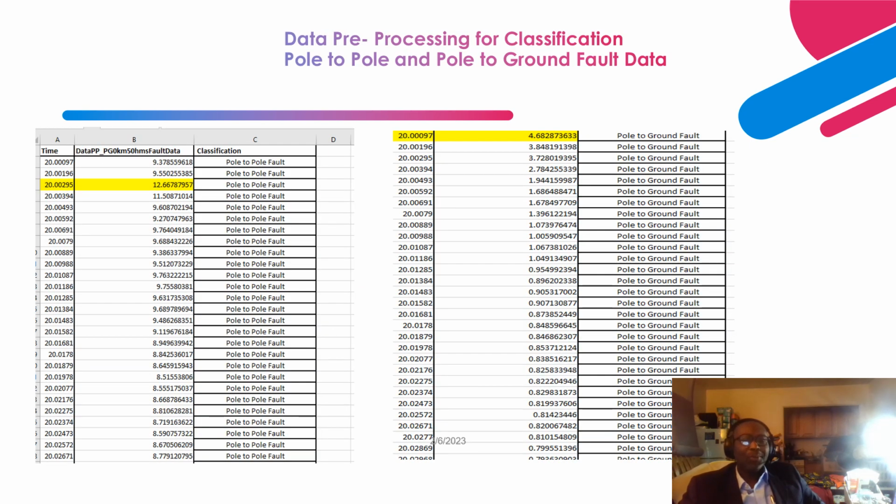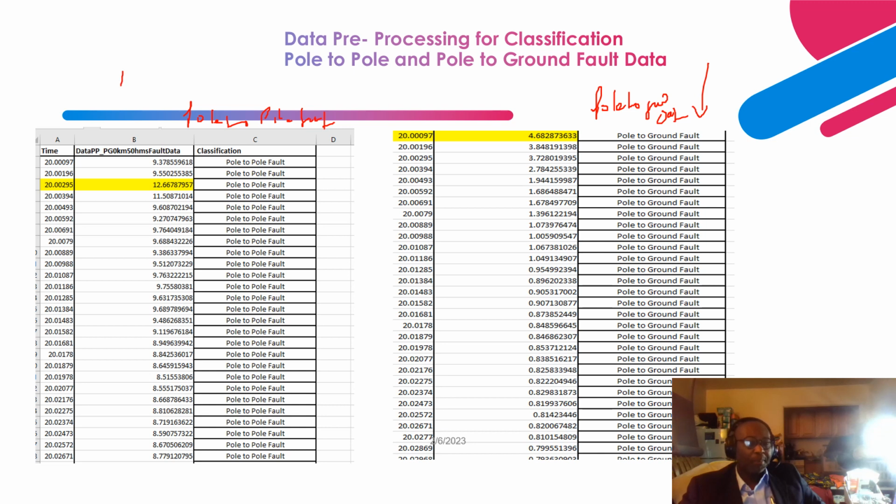This is basically the data. The first one is the pole-to-pole fault data, and this one is the pole-to-ground data.